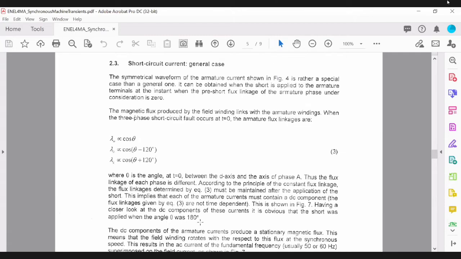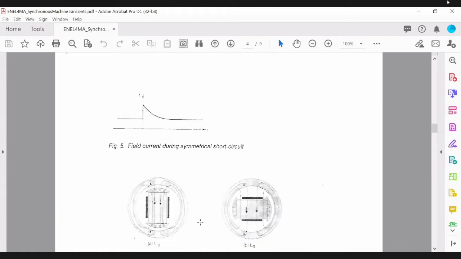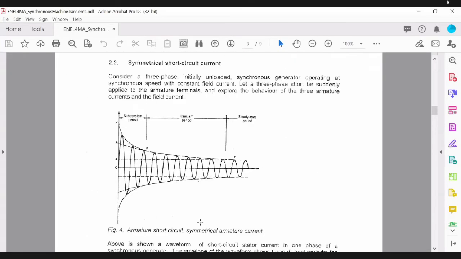Right, so we'll look at a general case now with the symmetrical waveform of the armature current that we looked at in figure 4. Basically, if we look at the effect of applying a certain transient short circuit to the armature, let's go back to this figure.